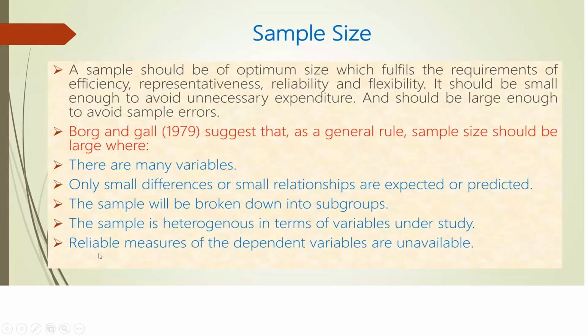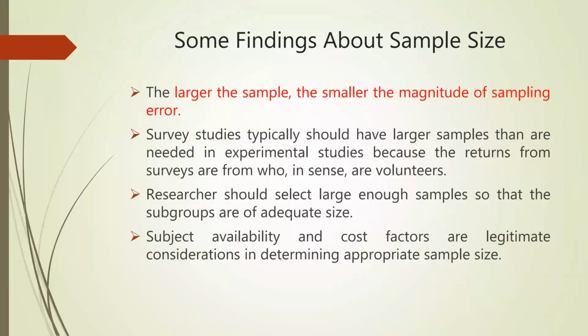Then whenever you are thinking about the sample size, it must give you a reliable measure of the dependent variables, right? Then some findings they found about the sample size: the larger the sample size, the smaller the magnitude of the sampling error, which we have already seen.